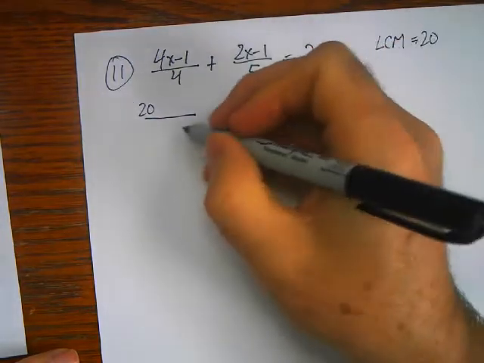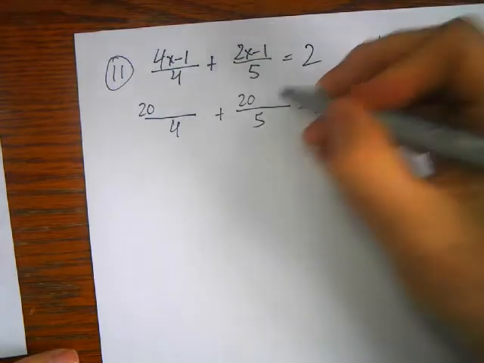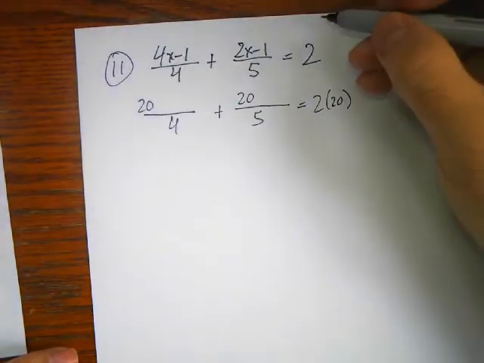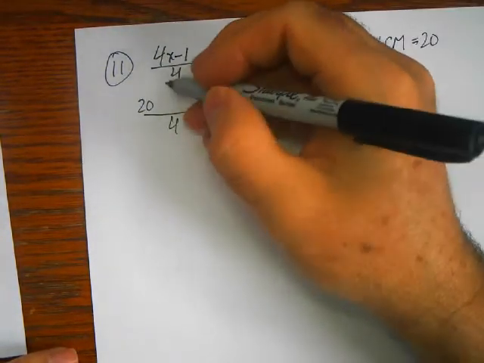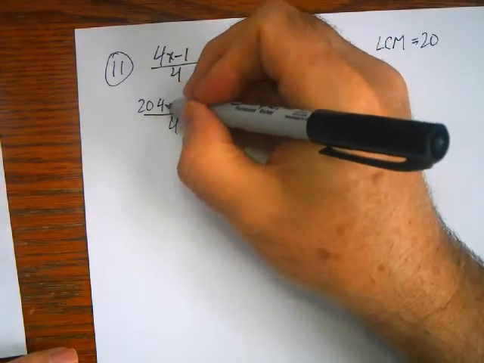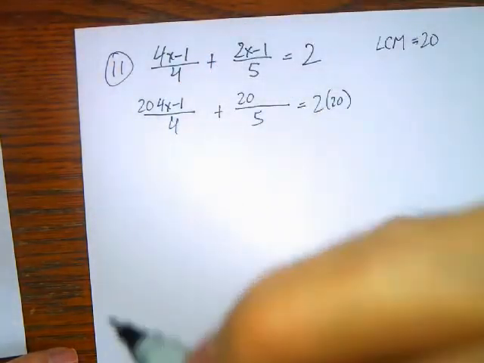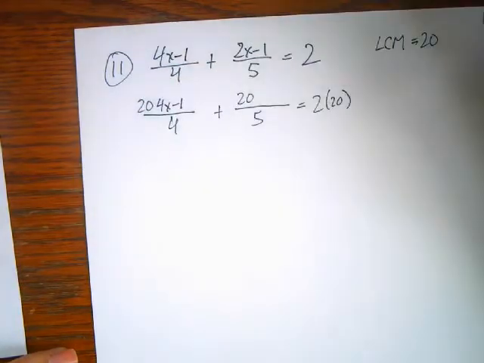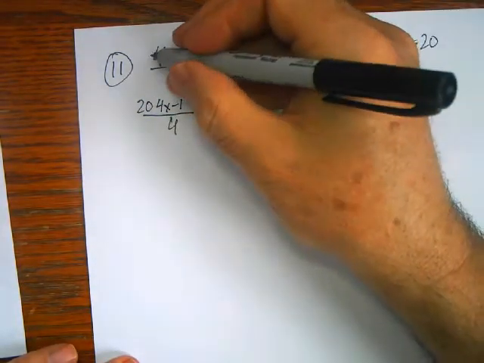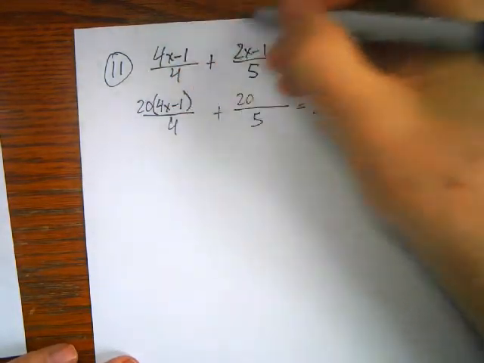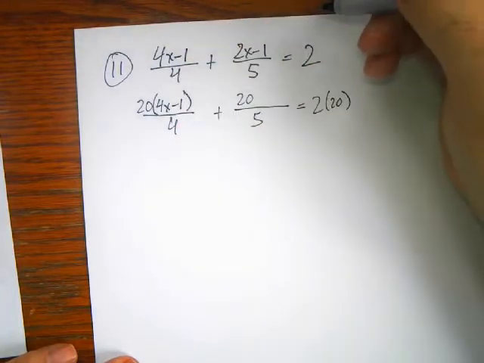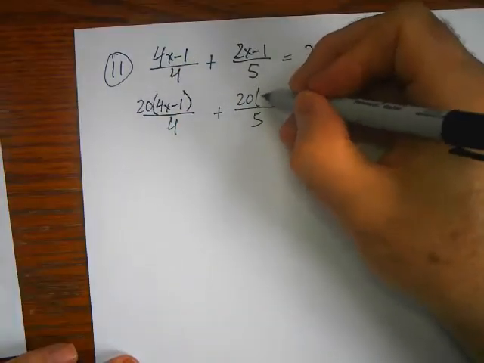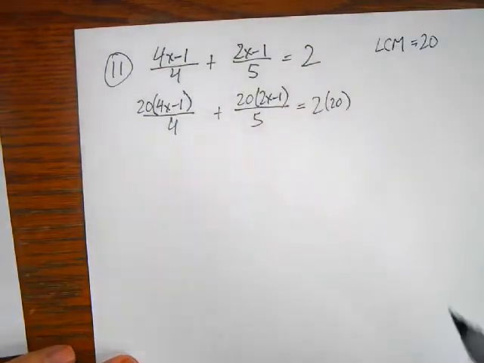Now, the 4 and the 5 are down here. You have to be a little careful here, because if I just put 4x minus 1 here, it looks like I'm just multiplying the 4x by 20, but really I'm multiplying the whole top. So I have to put brackets around there and up here as well. Very important.